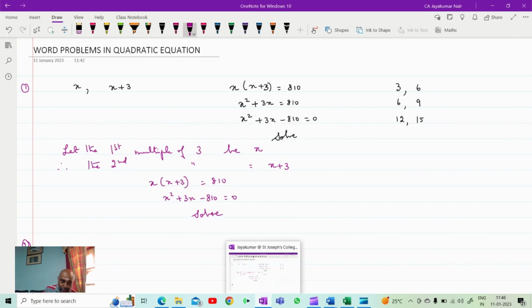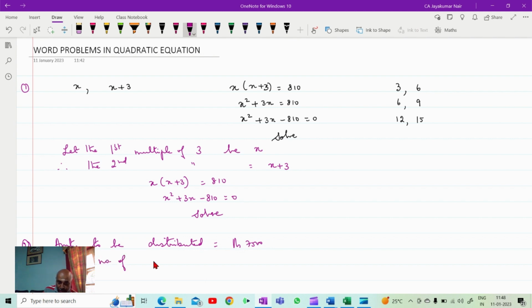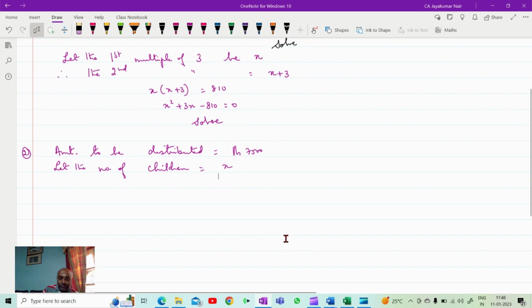So, what we will do, amount to be distributed. What is the amount that we have to distribute? It's rupees 7,500. Let the number of children be x.